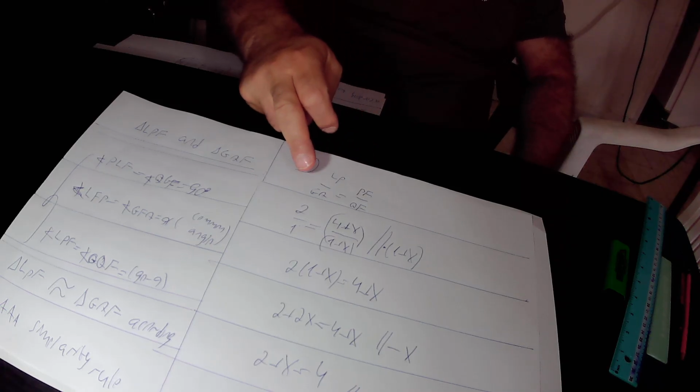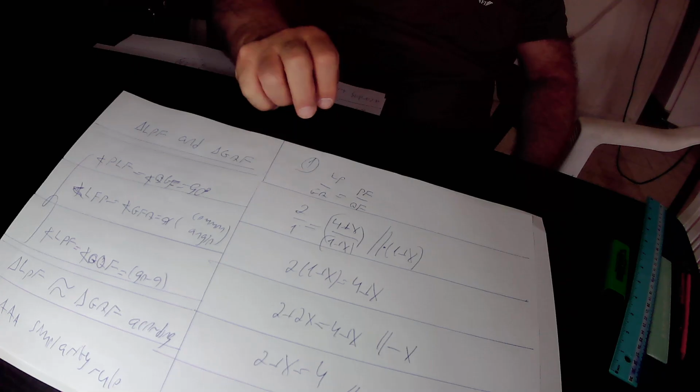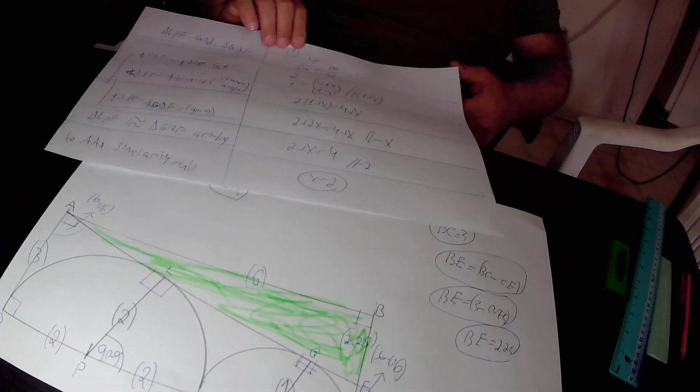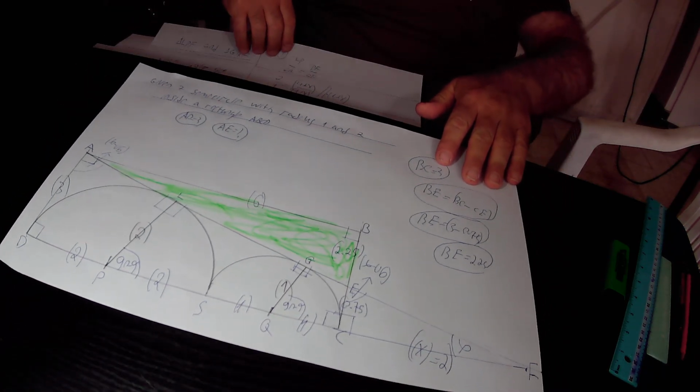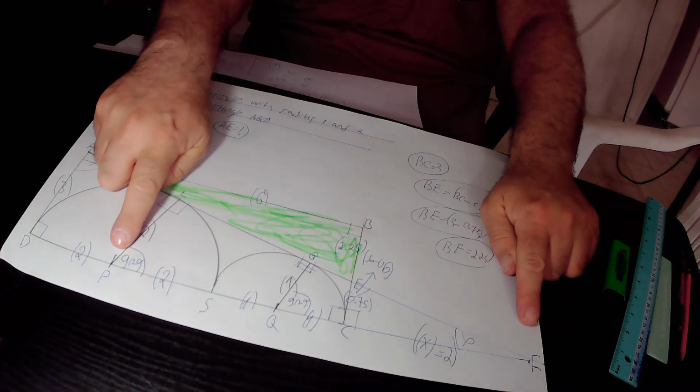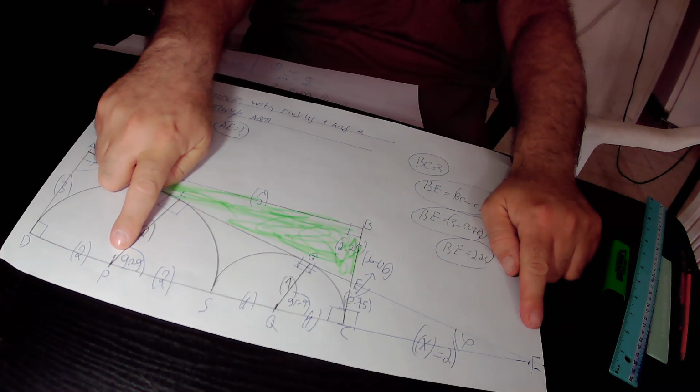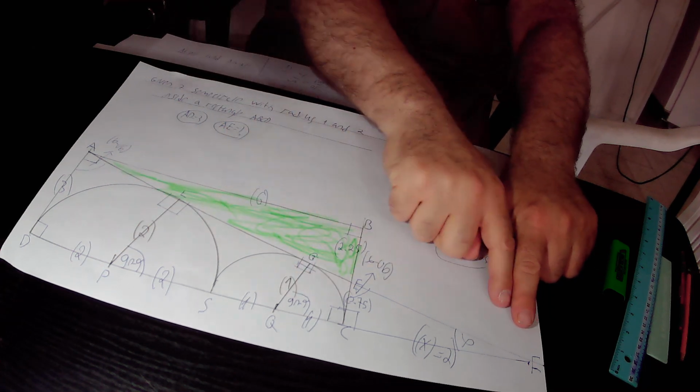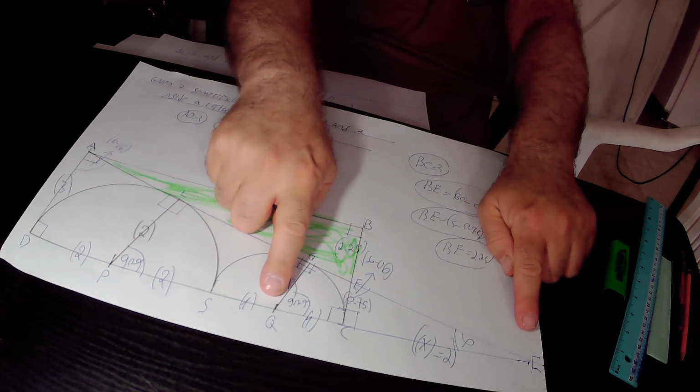LP is 2, the radius of the big semicircle, over GQ, which is 1, the radius of the small semicircle. And this equals PF. PF in total equals 2 plus 1 plus 1, that is 4, plus x. Again, PF in total equals 4 plus x, over QF. QF in total equals 1 plus x.